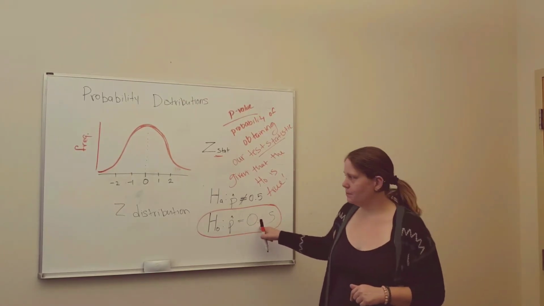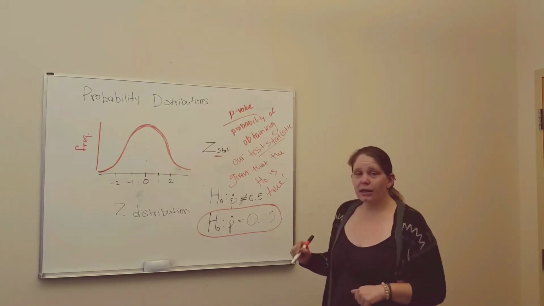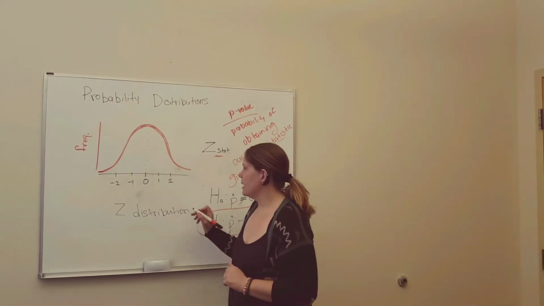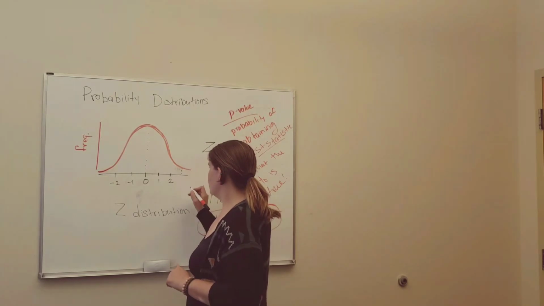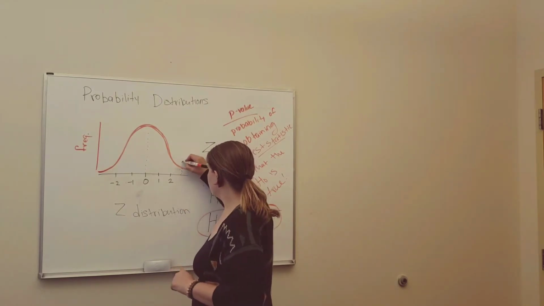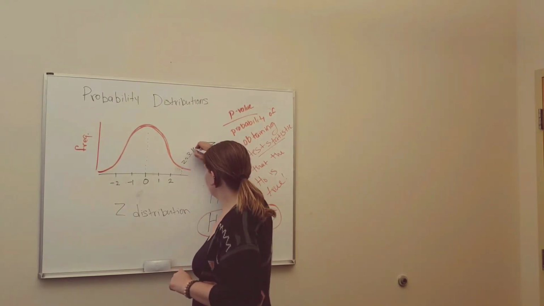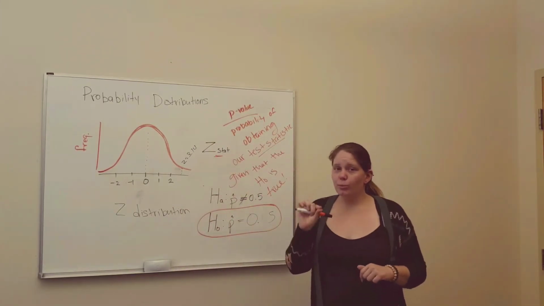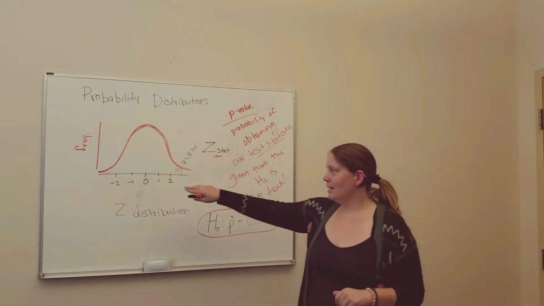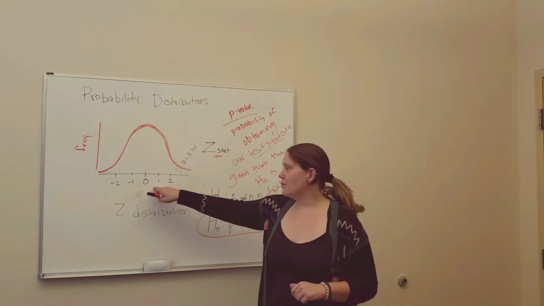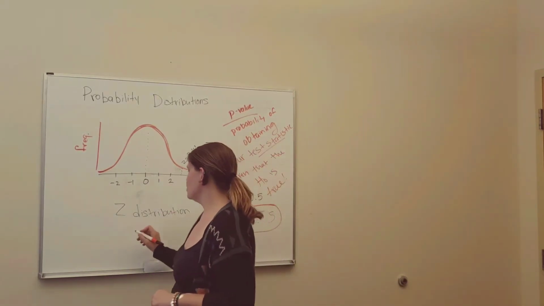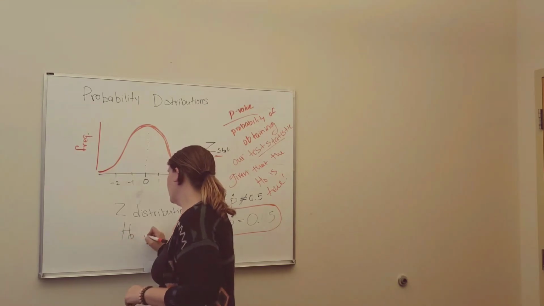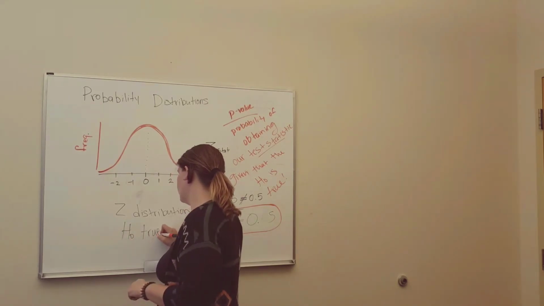However, there are instances where we might calculate a very extreme z-score. So let's say we actually get a z-score equal to 3.14. This z-score has a very low probability of occurring in this distribution. And remember, this distribution is z-scores given that the null hypothesis is true.